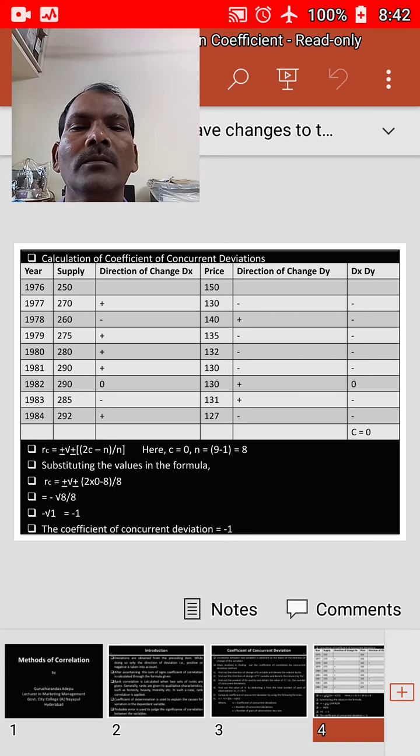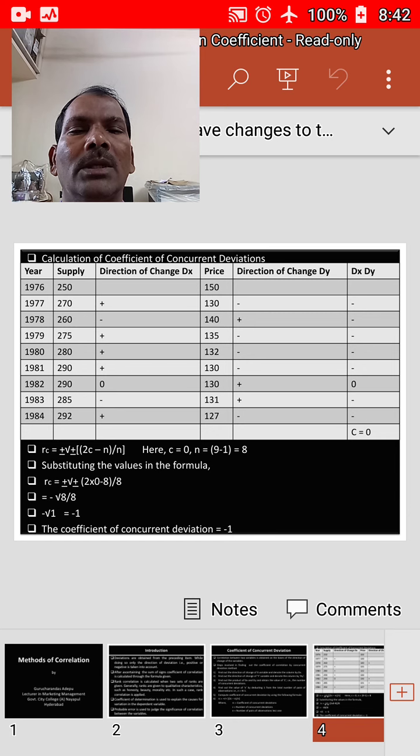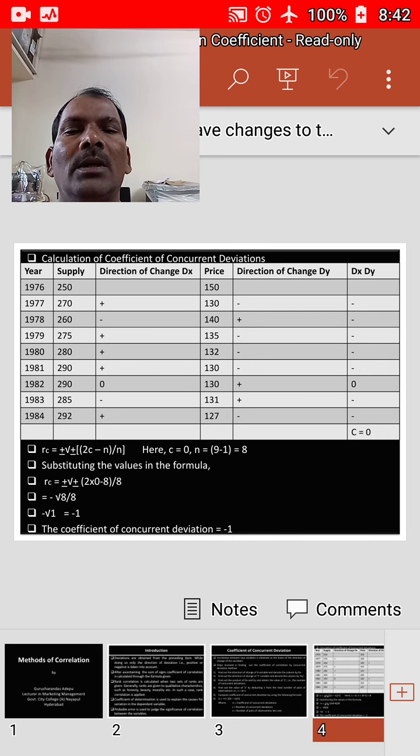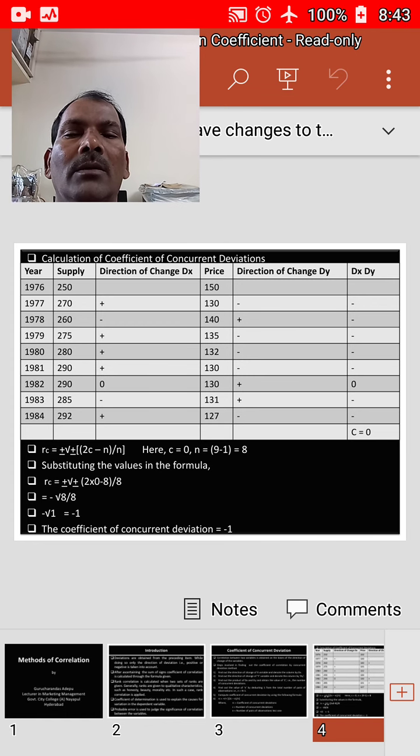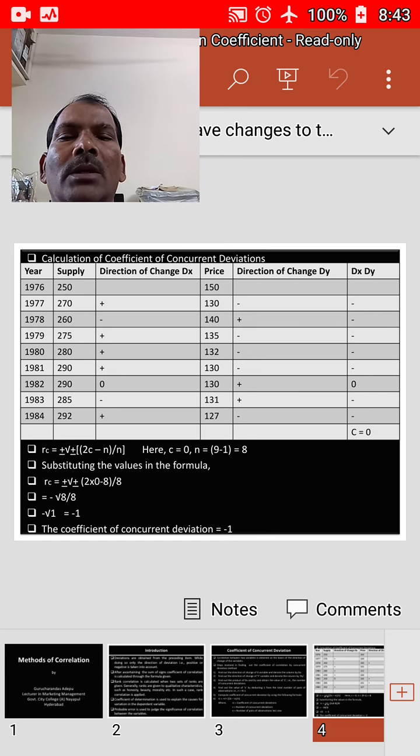In the same manner, 79 135, 80 132, there is a decrease, hence we need to put a minus sign. In 1981, 130, the preceding year is 132, minus sign. In 1982, 130, the preceding year is also 130. That means there is no change, so we need to put 0.